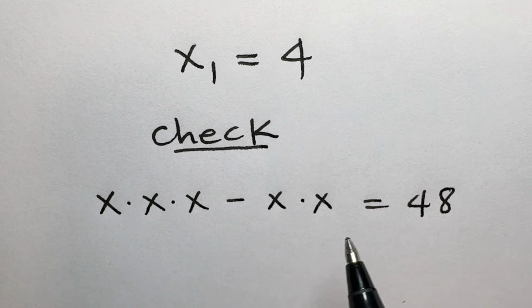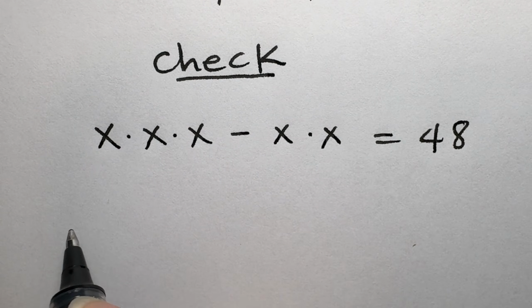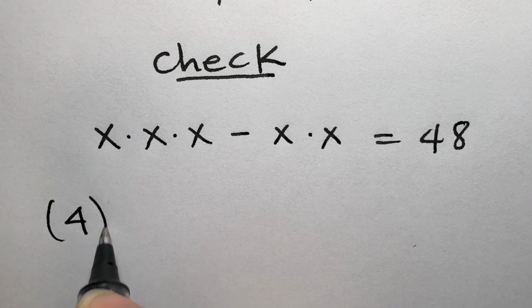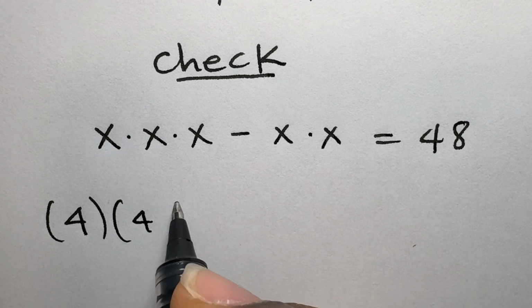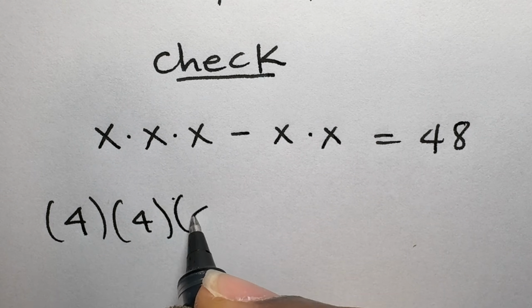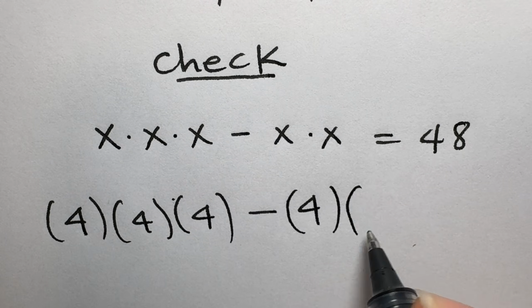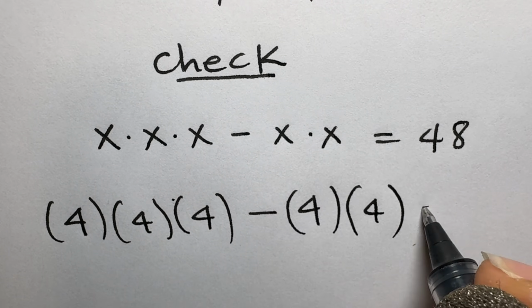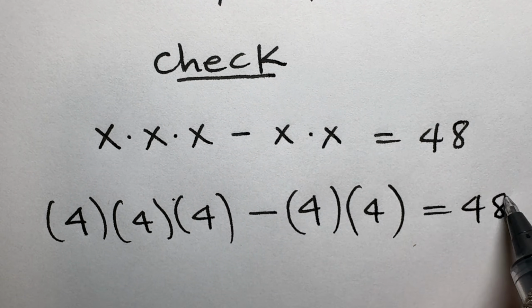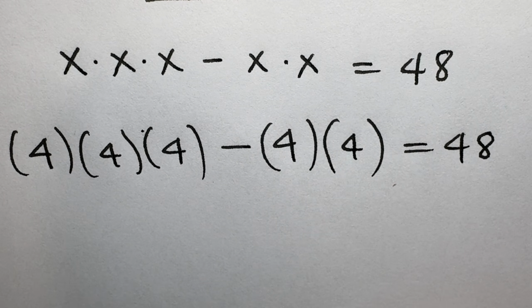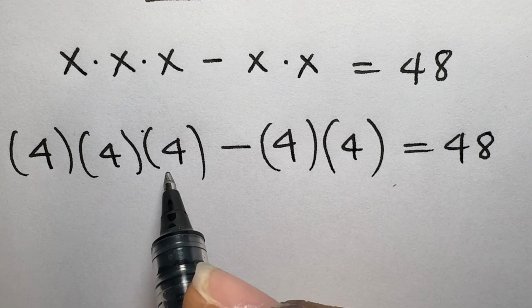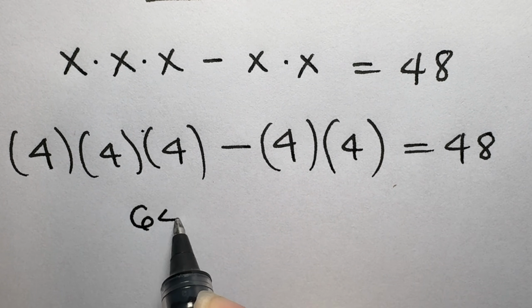Now x is 4, so we say 4 times 4 times 4 minus 4 times 4 is equal to 48. 4 times 4 times 4 here is 64.